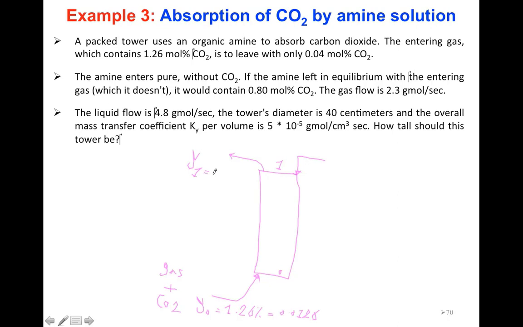At the top, it will leave with 0.04%, or the mole fraction is going to be 0.004. Okay. The amine enters pure, so the amine that is arriving, let's say X1 at the top, is pure, is 0.